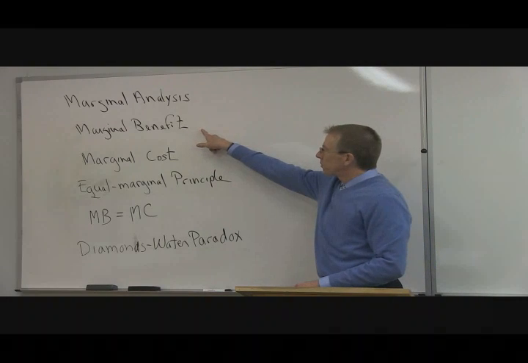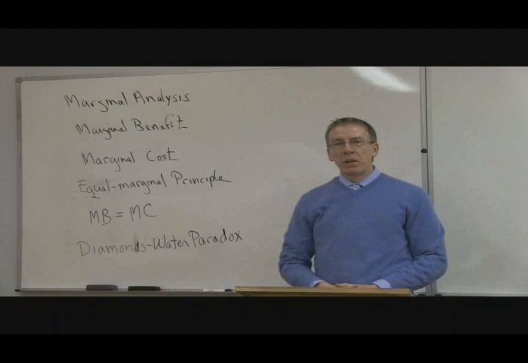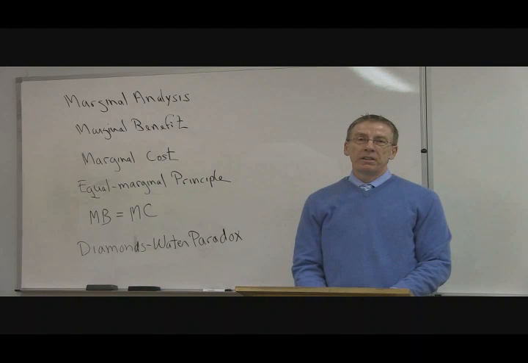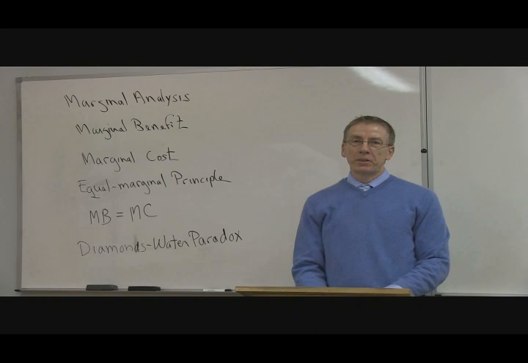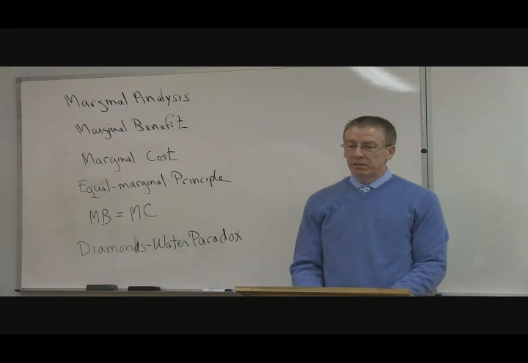What are the benefits received by the organization? If the benefits exceed the additional costs, then the firm should go forward with that decision. If the additional costs exceed the additional benefits, the organization should not make that decision.